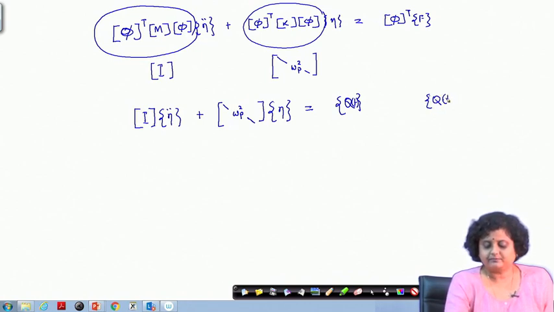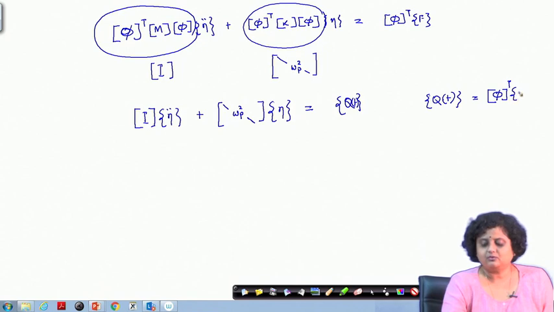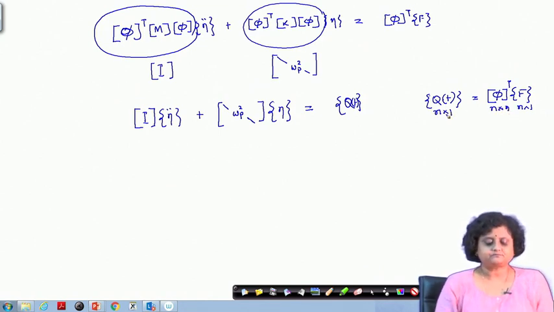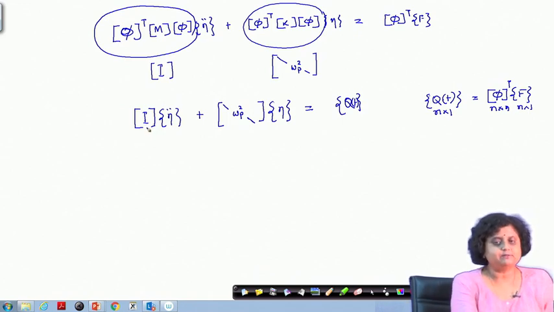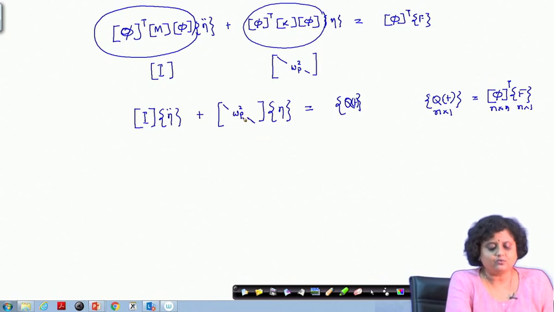Q t is nothing but phi transpose into F. F is n cross 1, this is n cross n, so I have an n cross 1 vector. Now this is going to give us some interesting expression. This is a diagonal matrix with the diagonal terms as 1. This is a diagonal matrix with diagonal terms as the square of the natural frequency, and this is a vector.